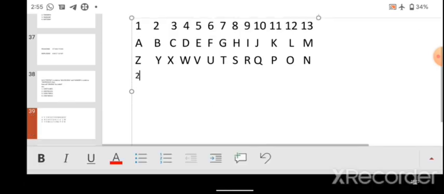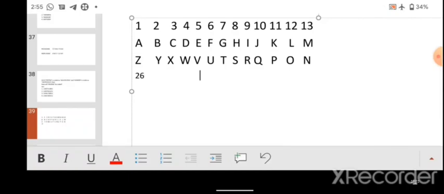26, 25, 24, 23, 22, 21, 20, 19, 18, 17, 16, 15, 14. So 14 plus 13 gives you 27. 15 plus 12 gives you 27.